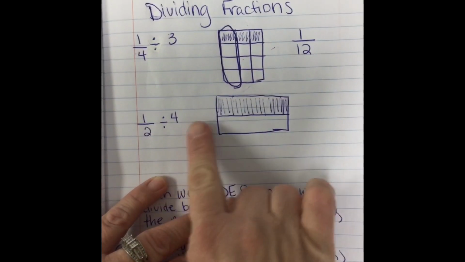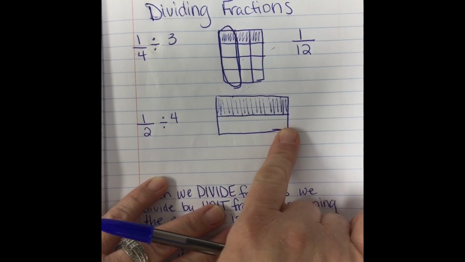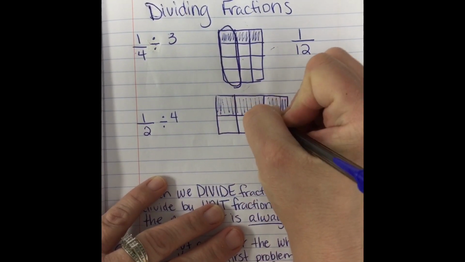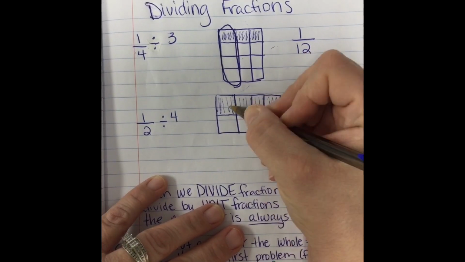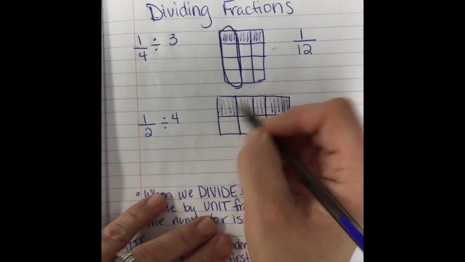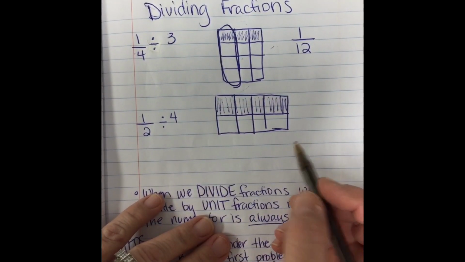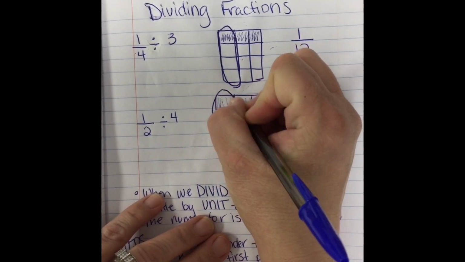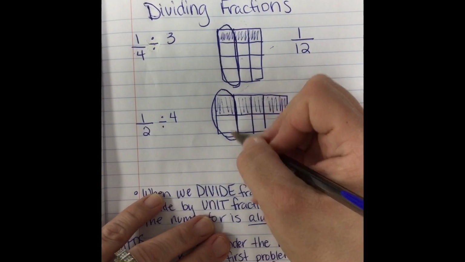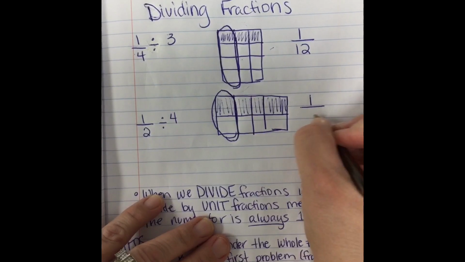So since this one is horizontal, my line has to be vertical, just like before. 1, 2, 3, 4. All right, so I'm looking at 1/2. So this is 1/2, and I have 1 shaded out of 1, 2, 3, 4, 5, 6, 7, 8. 1/8.